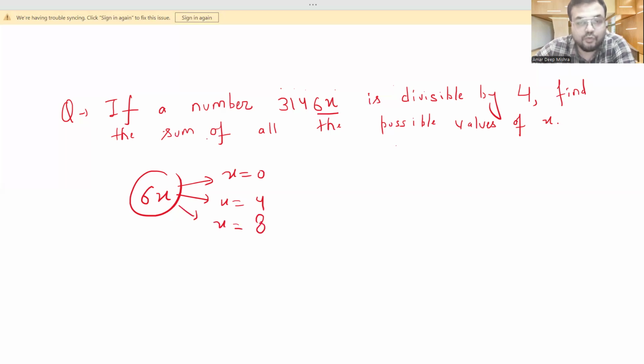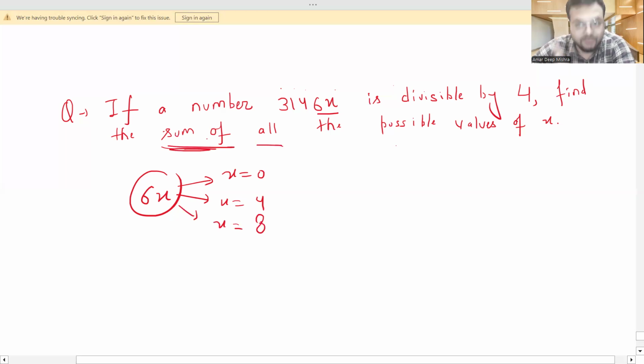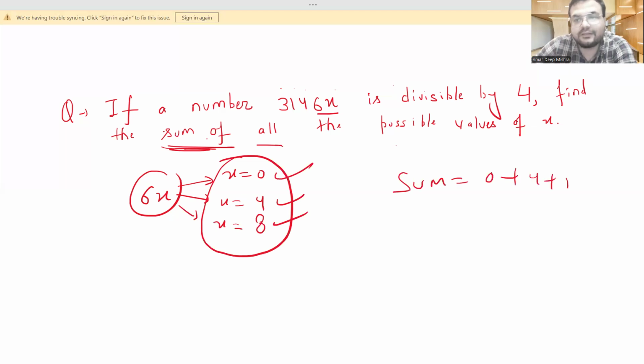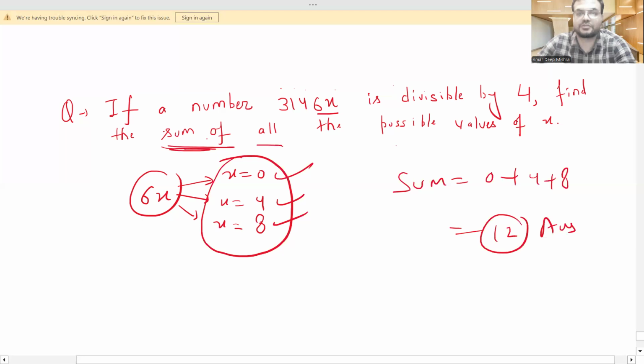Here, they are asking you to find the sum of all the possible values of x. You have to find out the values of x first, then you have to find out their sum. So all the possible values of x are 0, 4, and 8, which we have found already. Now their sum would be 0 plus 4 plus 8. Okay, so this would come out to be 12. This is your answer for this question.